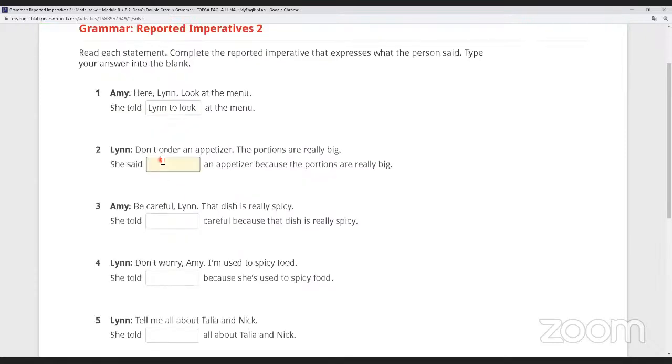How about number 2? Don't order an appetizer. The portions are really big. She said to order an appetizer because the portions are really big.